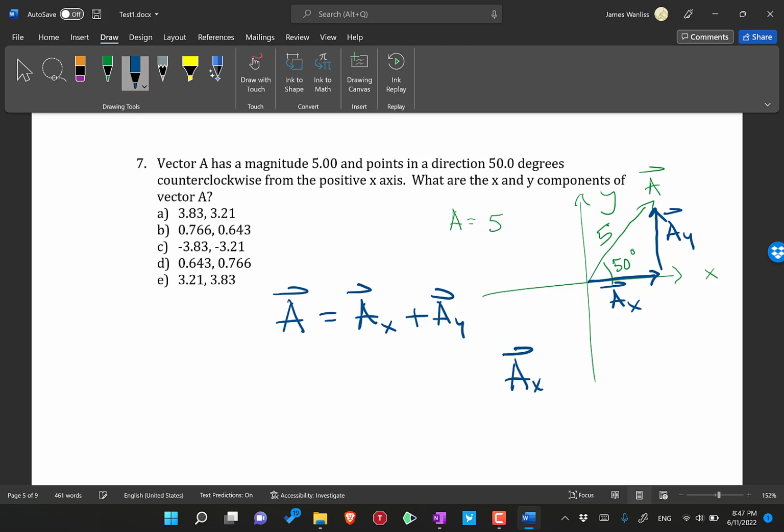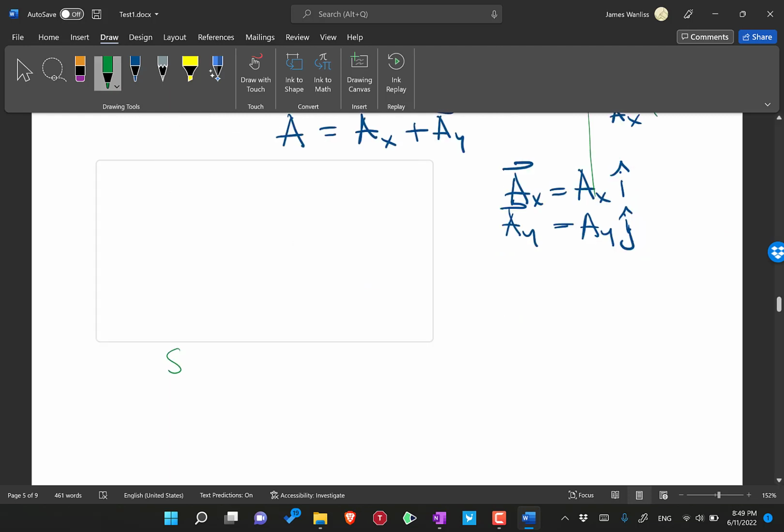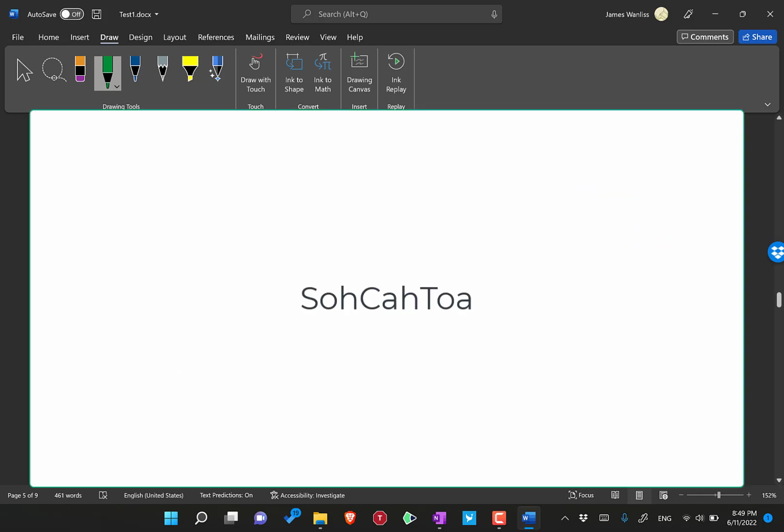AX vector is going to be the magnitude of that vector in the i hat direction. And AY vector is going to be the magnitude of AY in the y direction, j hat. This side, AY, is opposite, and the adjacent right next to it is AX. Sine of theta, SOHCAHTOA: sine is opposite over hypotenuse. I have the hypotenuse as well, that's 5.